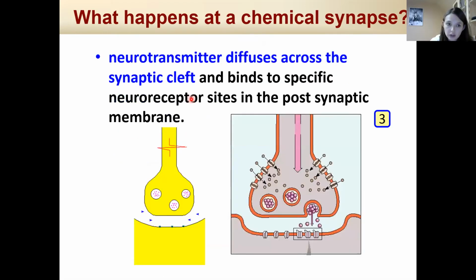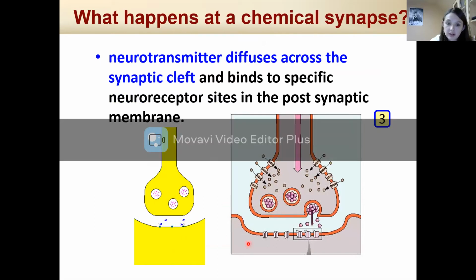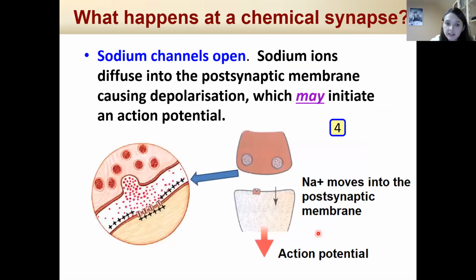The third stage, neurotransmitter will diffuse across the synaptic cleft and bind to the specific receptors on the postsynaptic membrane. So they are released here, neurotransmitters, and bind to the receptors on the postsynaptic membrane. Next stage, neurotransmitter binds to the ligand-gated ion channels.